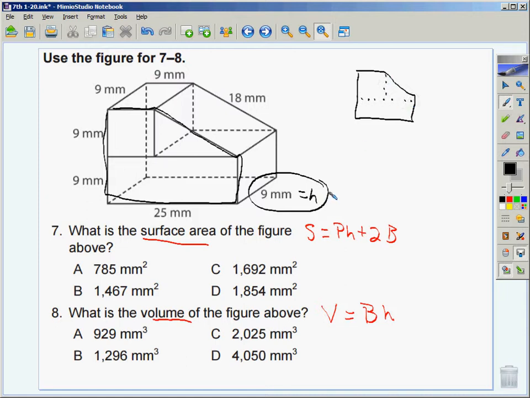But if I did it as a rectangular prism, a triangular prism, and a rectangular prism, I'd have 1, 2, 3, 4 different faces, 5 different faces I'd have to subtract out of my surface area. And that's hard to figure. So it's much easier to do it as a solid shape.